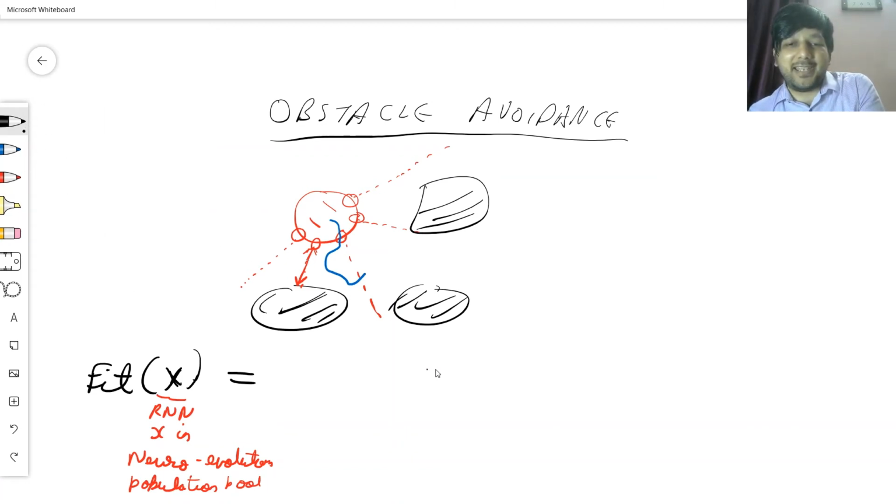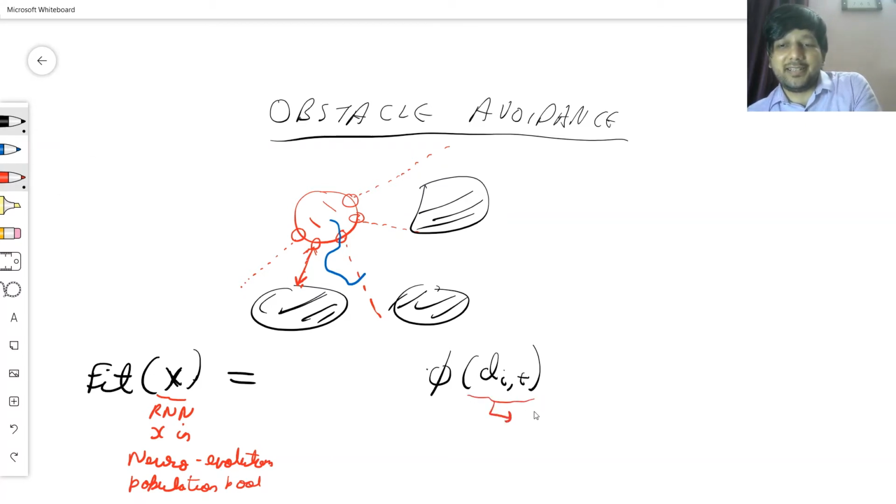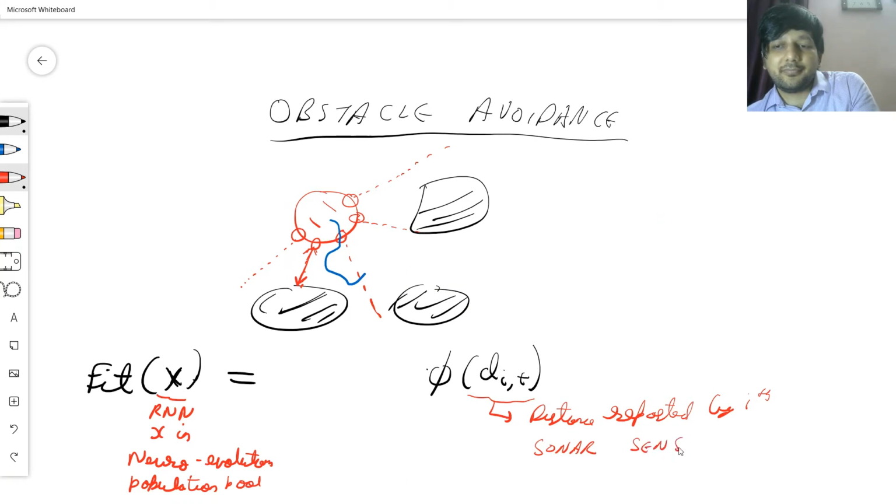So I say the fitness function is given by phi d_it. So this d_it is the distance reported by the ith sonar sensor at time t.